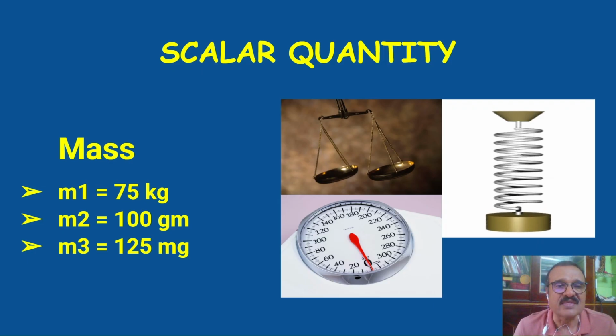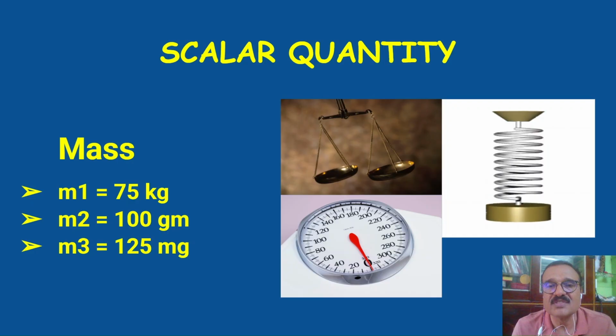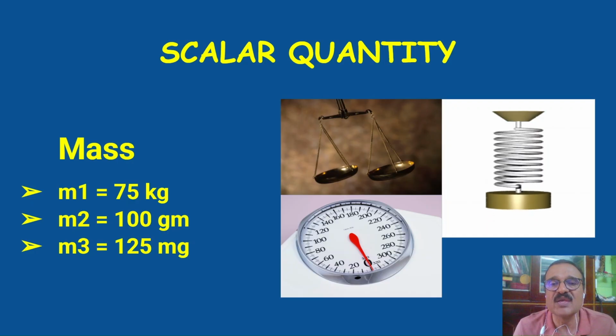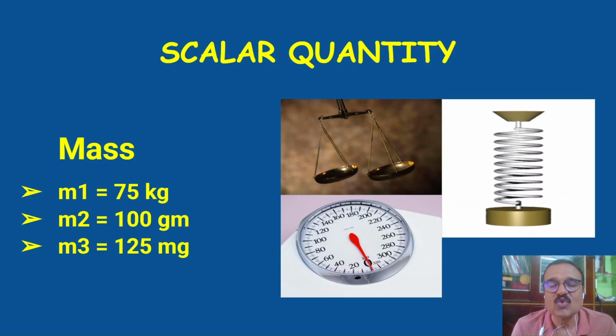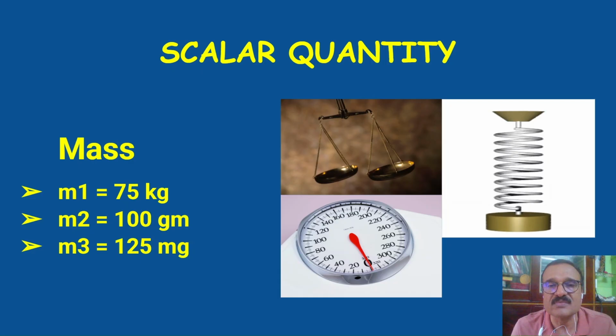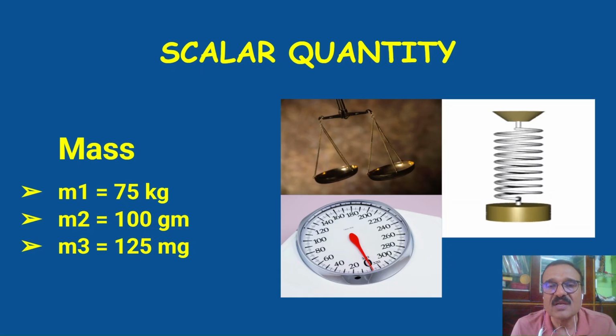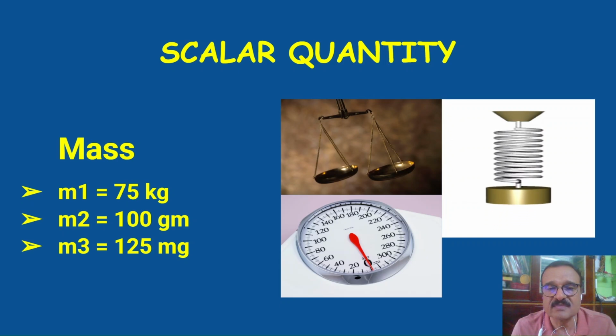First of all, mass. If we see the images, in the first image, we come across weighing balance. Earlier, to measure the mass, these types of weighing balances were used. Nowadays, digital weighing balance is used for measurement of mass.